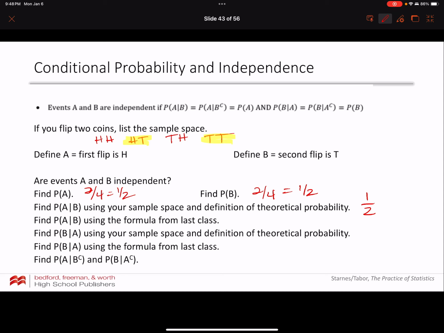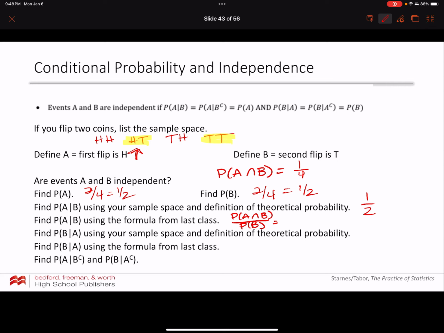So now find the probability of A given B using the formula. So remember, my conditional probability would be the probability of A and B divided by the probability of the given part. What's the probability of A and B from the sample space, the first flip being heads and the second flip being tails? Well, that's this one right here, right? That only happens 1 time out of 4 possible outcomes, right?